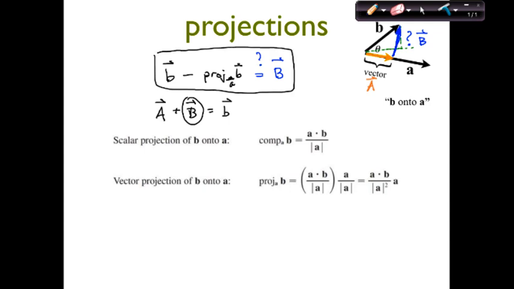So if you have the parallel component of a vector, then you can easily get the perpendicular component, because that's the missing piece. Those two components added together give you the vector, so you can subtract.